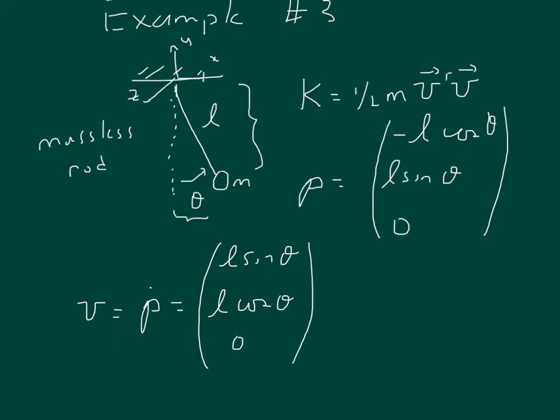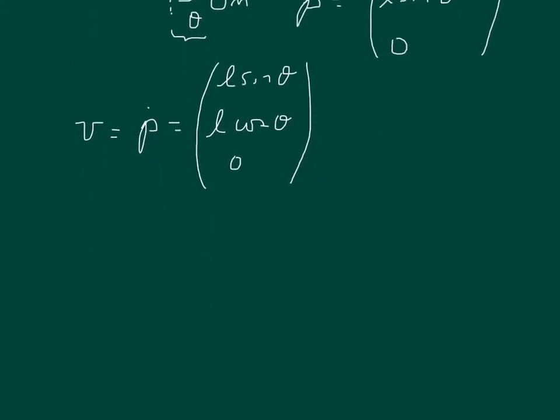So this implies that V transpose V is going to be L squared sine squared theta plus L squared cosine squared theta.